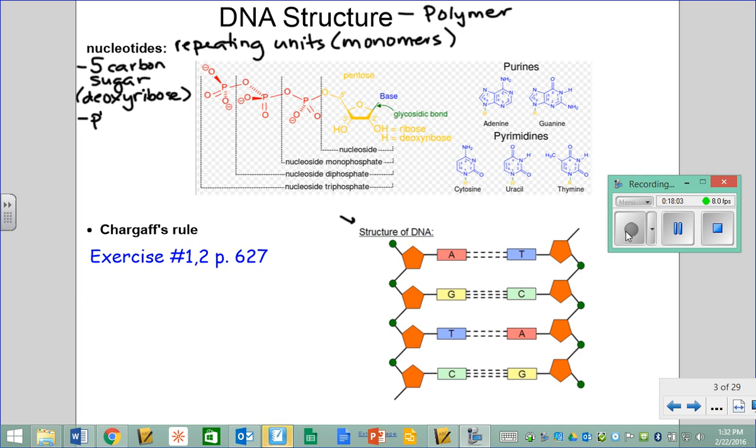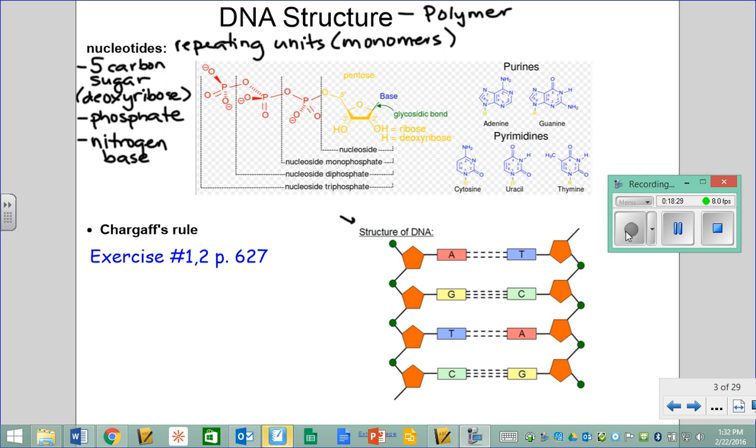Then it has a phosphate group. Now, phosphate is technically a phosphorus atom with a bunch of oxygen atoms surrounding it. We usually just represent it with just a P so that you know that it's phosphate. And we have a nitrogen base.